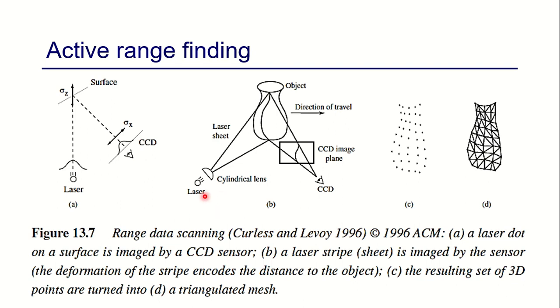And a laser stripe sheet is imaged by the sensor, which captures the image of this object when the light falls over it, and this is the direction of travel. The recorded images are captured with the CCD, and parts C and D are the resulting set of 3D points which are turned into a triangular mesh in D.